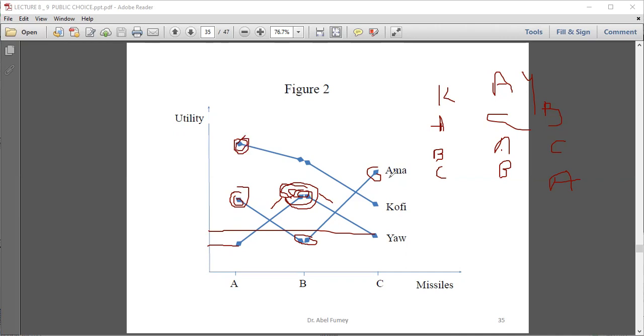If you take the first table, when you draw this diagram for the first table, you realize that their preferences were all single peak. Amma's preference was also single peak. For the first table, Amma preferred B to C and then C to A. So let's try and draw that one and see.